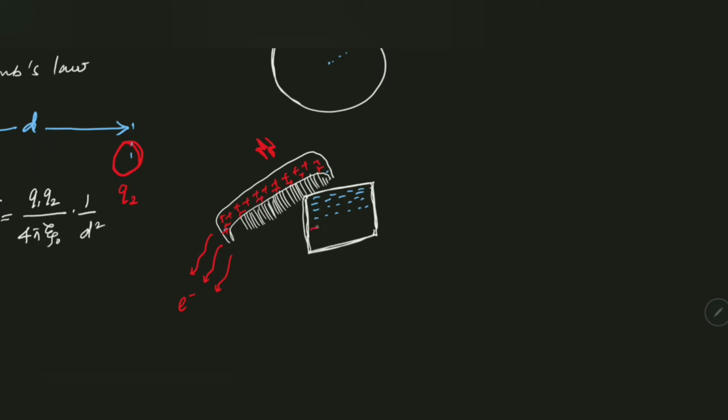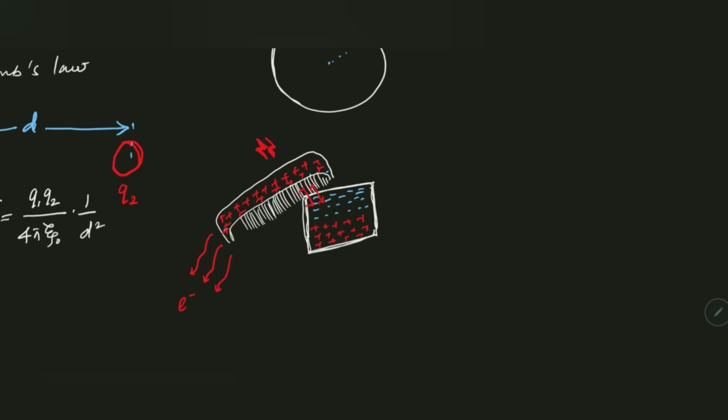And the positive charges remain in the other location, opposite, right? So this is how it happens. There is a force of attraction, so this comb attracts the opposite charges, and these opposite charges attract the charges in the comb.